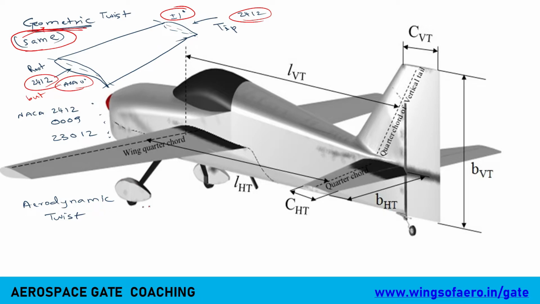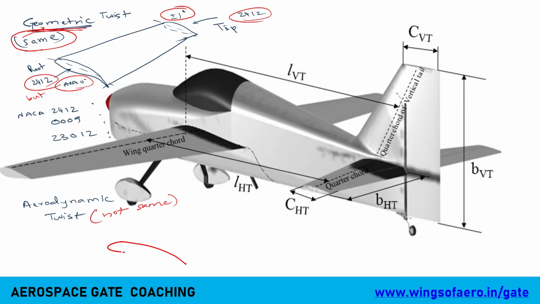Now coming to the aerodynamic twist. As here we are using the same, obviously the other one is not going to be the same. Remember this alone and understand what I am saying. So what are we going to do? Not the same means that both in the root and the tip we are going to use different types of airfoil.